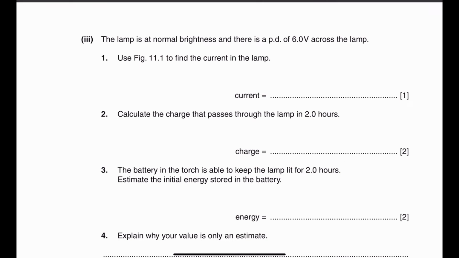So now they're saying the lamp is at normal brightness. Remember, whenever they mention normal brightness, you should go and look for the labeled values on the lamp. Right, so now they're saying at normal brightness there is a 6 volts potential difference across the lamp. Use figure 1.1 to find the current. So they've basically given you complete instructions on how you can find the answer for this question. You've been given the potential difference and you just need to find the current from the graph.